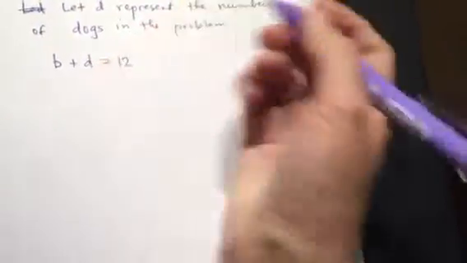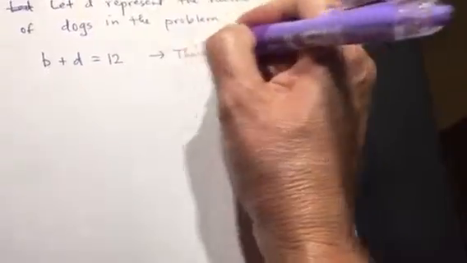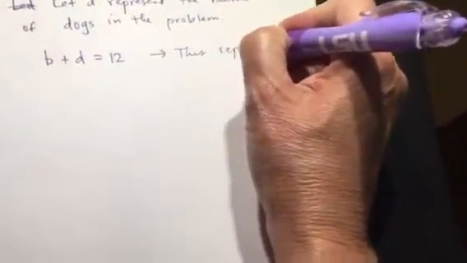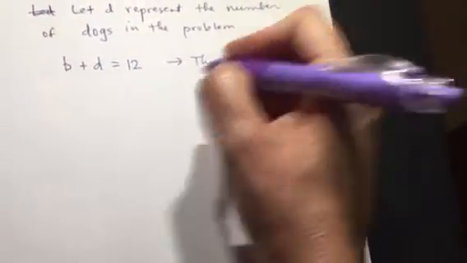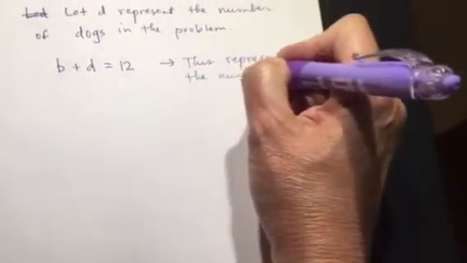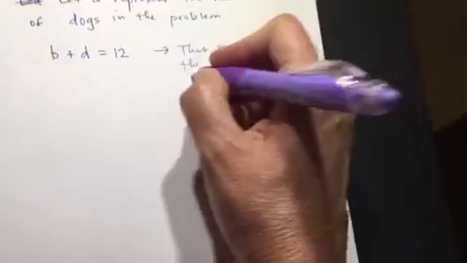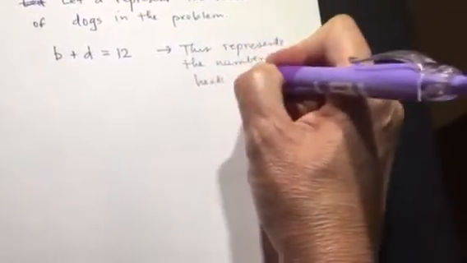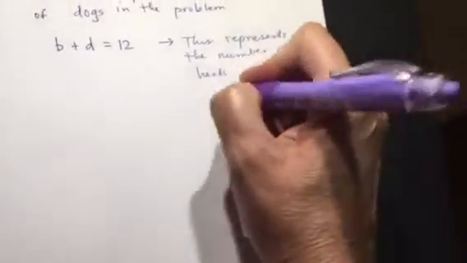B plus D equals 12. And I'll say this represents the number of heads in the problem.